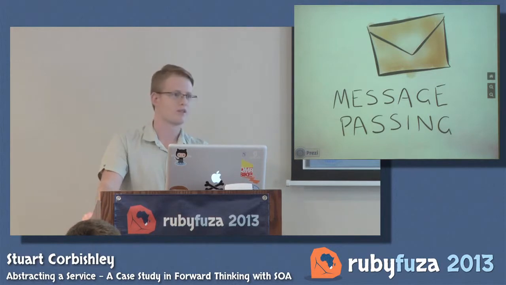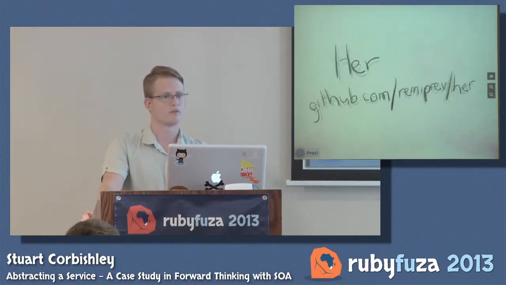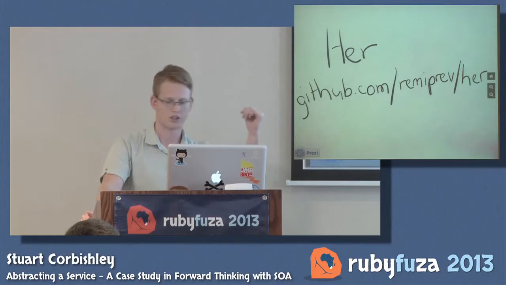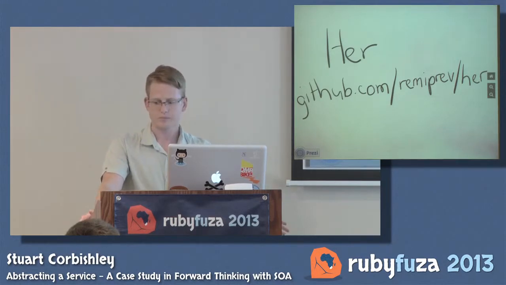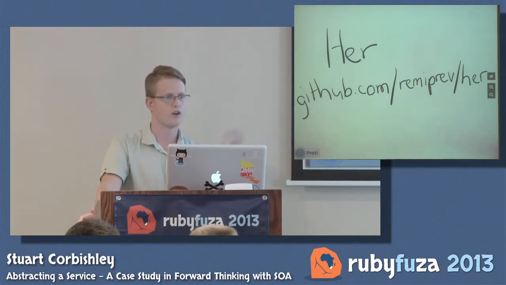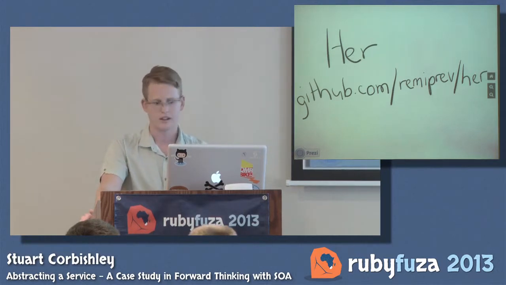Her is an object relational mapper based on Faraday. Probably some of you have used Faraday. It's a wonderful HTTP client that wraps around other HTTP clients to solve the problems that I mentioned earlier. Her has an Active Record-like look and feel to it. It infers URIs based on class name. It has the ability to map relationships with other Her objects.